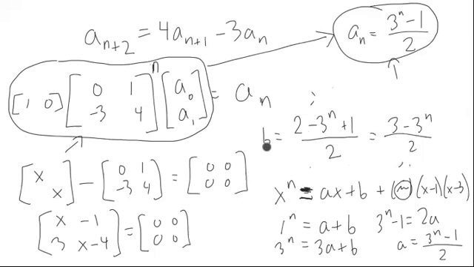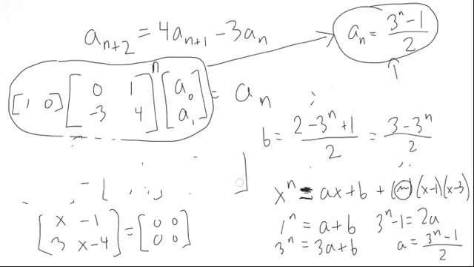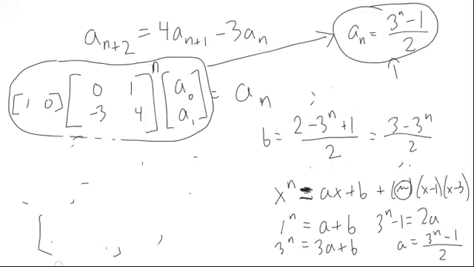So b. Now, let's come back to this computation over here. We know that this matrix raised to the nth power can be substituted by a times the matrix plus a diagonal matrix with these b's in it. So let's think about that. It's like ax plus b.